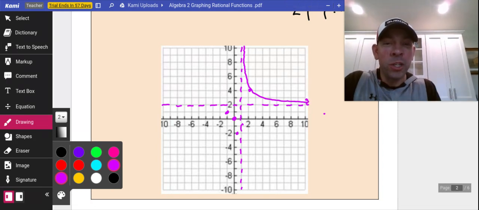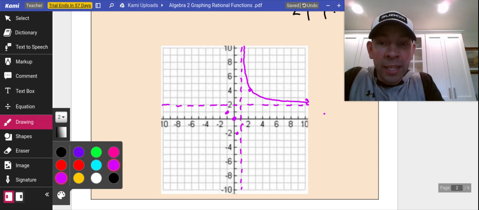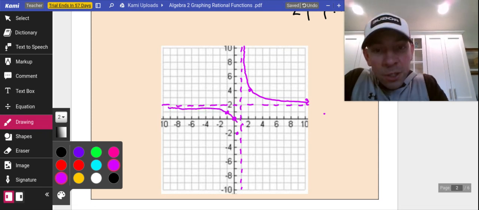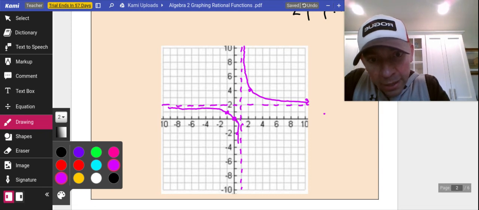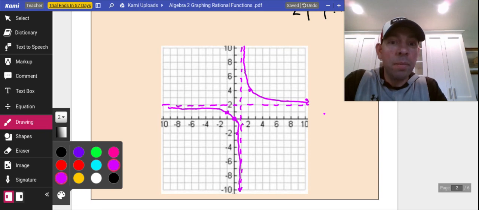Think about merging when you're trying to get on the throughway and you're coming on that on-ramp, you're merging closer to that lane. Same thing here, we're merging. Just try to be as careful as you can that you do not touch those asymptotes. And hopefully our graph looks something like that.